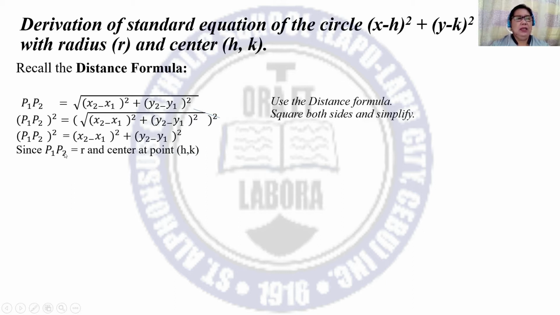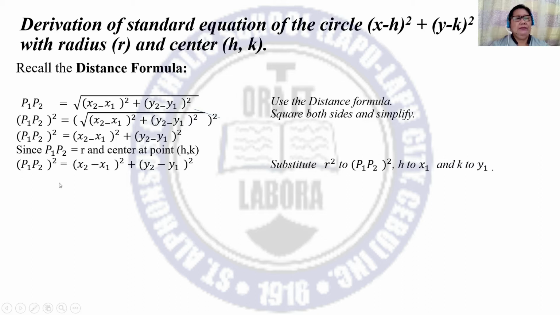Since P1P2 is equal to r, or the distance of the radius, and the center is at point h, k, we have to substitute r squared to this expression, h to x sub 1 and k to y sub 1.